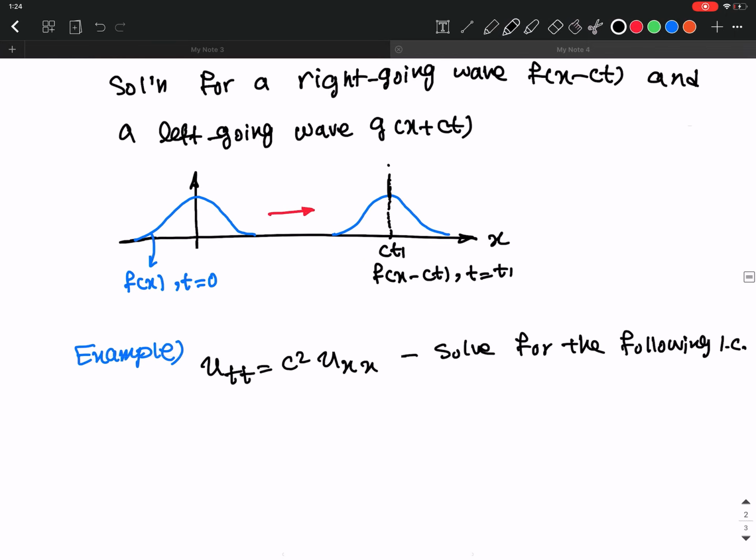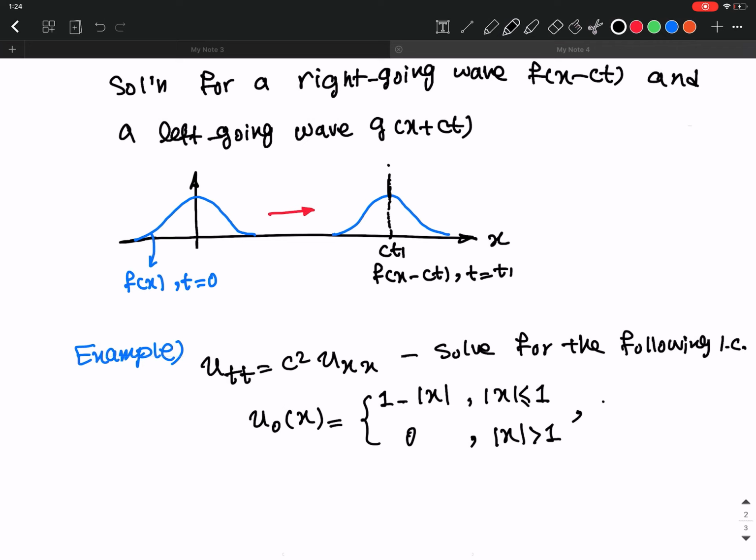The initial condition is u0(x) equals 1 minus the absolute value of x when the absolute value of x is less than or equal to 1, and 0 when it is greater than 1.